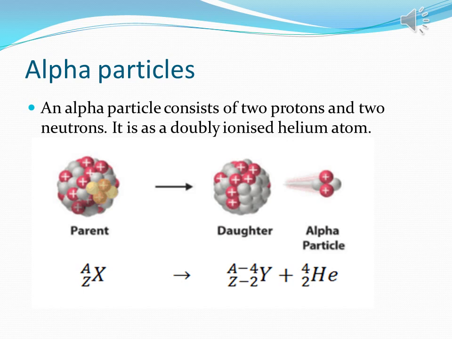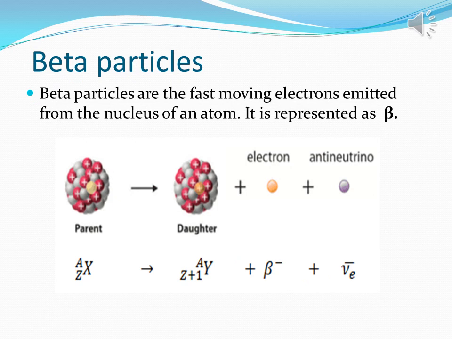An alpha particle consists of 2 protons and 2 neutrons, and it is the same as a doubly ionized helium atom, that is, a helium nucleus containing 2 protons and 2 neutrons. Inside the nucleus, the change of a neutron into a proton causes the emission of a beta particle.